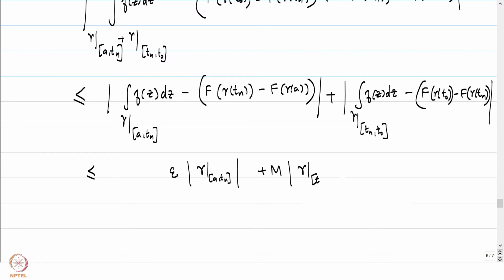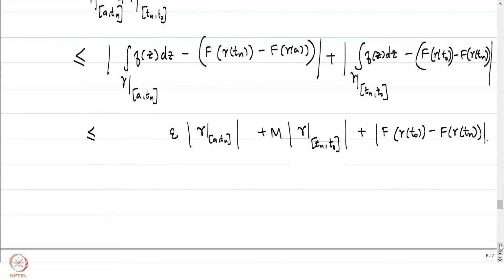And by again using one of the integral inequalities, the integral from gamma restricted to Tn comma T naught of F is less than or equal to this, plus the absolute value of capital F of gamma of T naught minus gamma of Tn. Now the function capital F is holomorphic on omega.